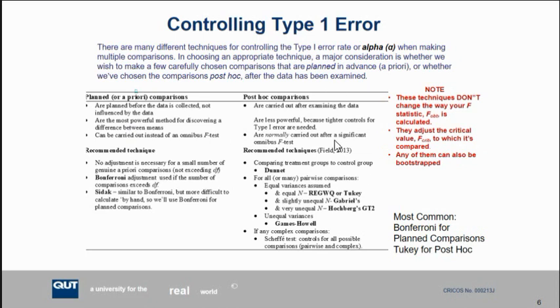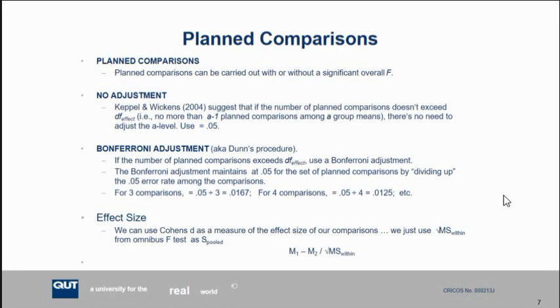In our post hoc space, there's lots of options that we have depending on whether our assumption of homogeneity has been breached or not. However, the most common post hoc procedure is Tukey's. So, let's have a look in more detail now.